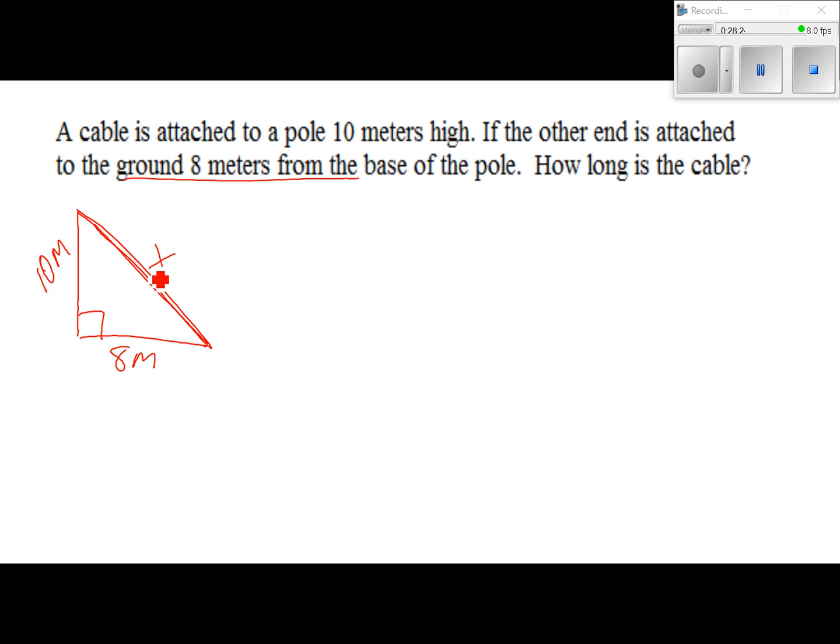We could find one of the angles here and then use sine, cosine, and tangent, figure it out. Or we could just use Pythagorean's theorem. A squared plus B squared equals C squared. This is a leg, this is a leg, this is a hypotenuse. The other thing that we could use, I've been yelling at my son because he's been doing some problems sort of like this.